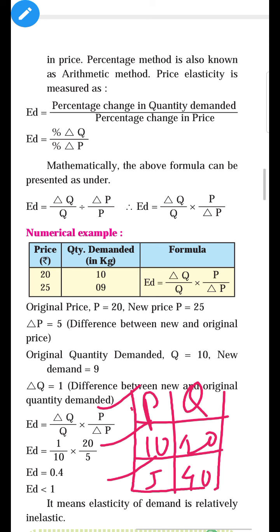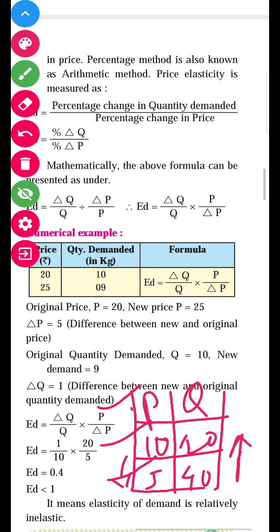Price is 10 rupees, demand is 20 kg, and when the price decreases, demand increases from 20 kg to 40 kg. Find out the elasticity. Keep all these things ready and show me on my personal WhatsApp number. Okay, student.